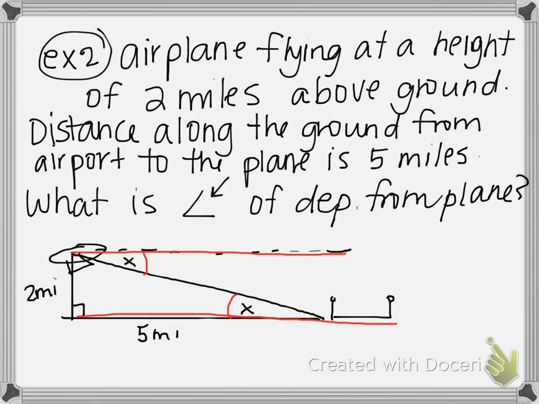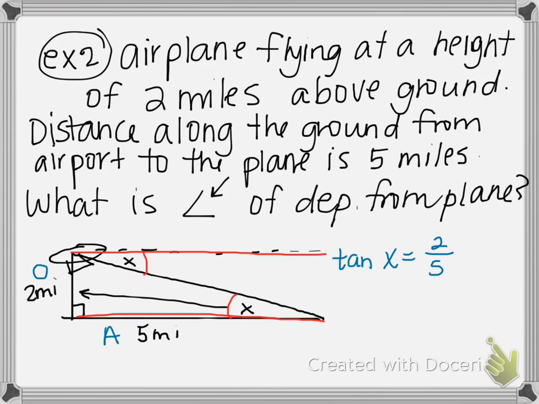Okay? So I'm going to make a little bit more room over here. Alright? And so we have our little triangle that we need to find. Well, from this angle we have our opposite side and our adjacent side. So we're going to use tangent of x is 2 over 5. Now if you remember, we're trying to find our angles, so we're going to be using our inverse function.